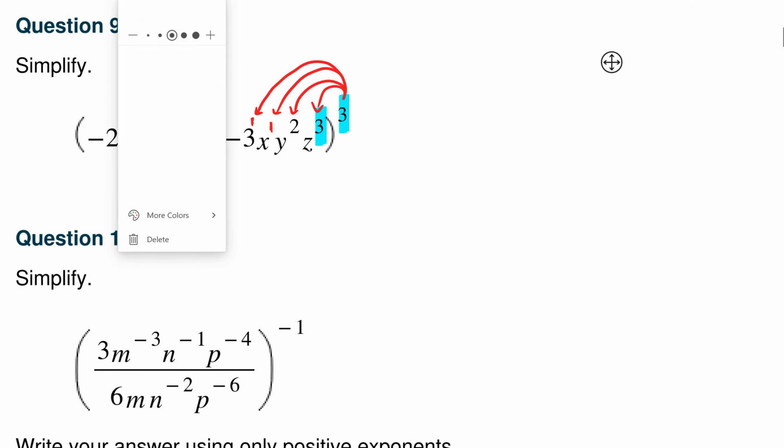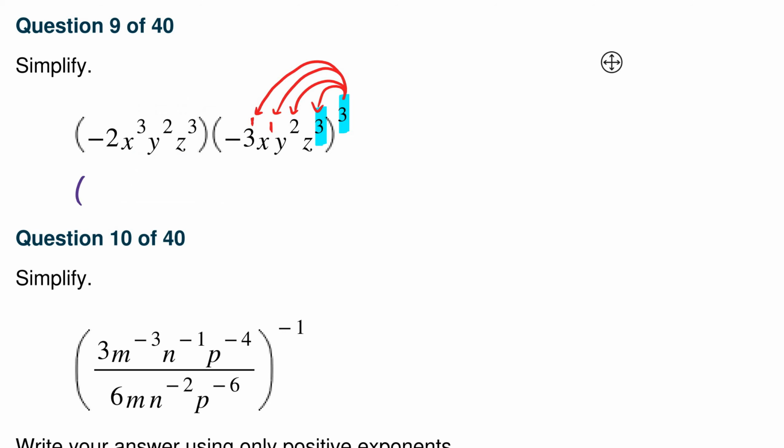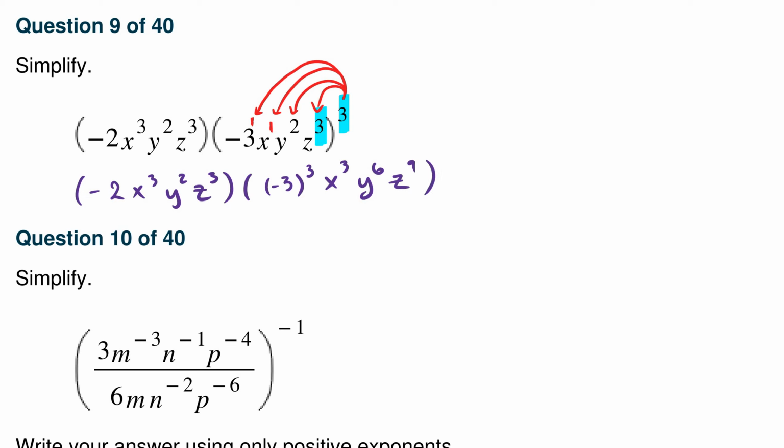So that will give us negative 2 to the third power, x to the third power, y squared, z to the third, times negative 3 to the third power, x to the third power, y to the 6, and z to the 9. Negative 2 x to the third y to the second z to the third times negative 3 to the third power.